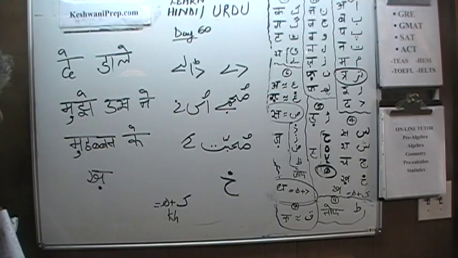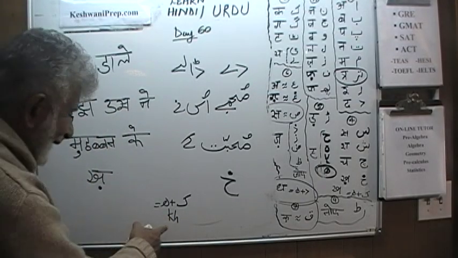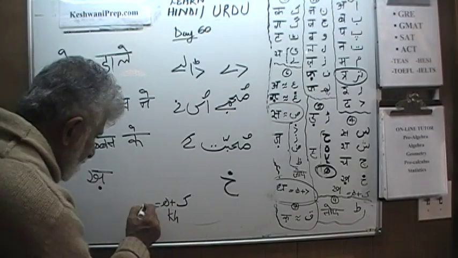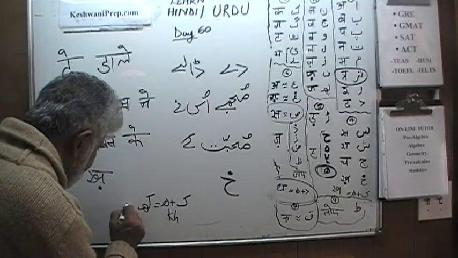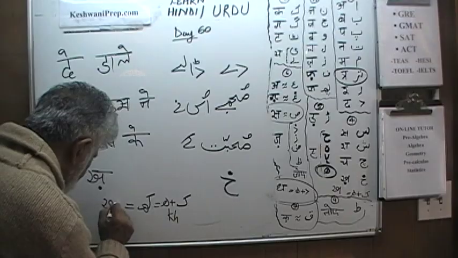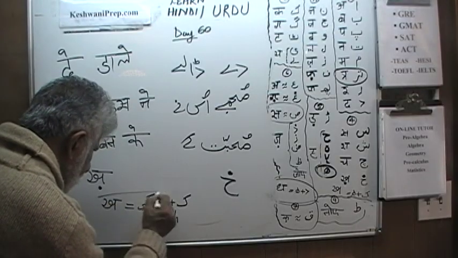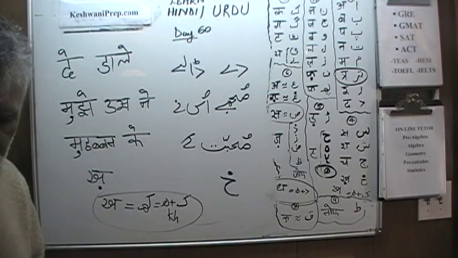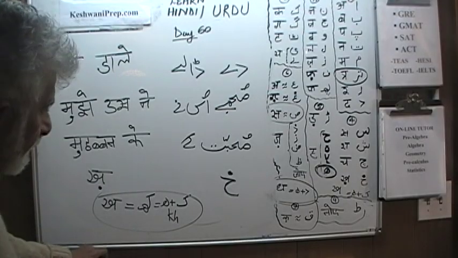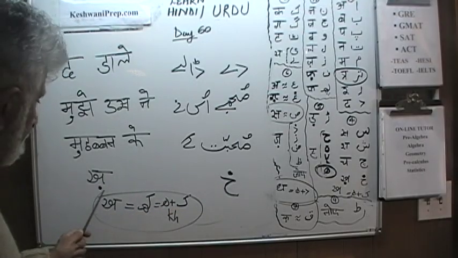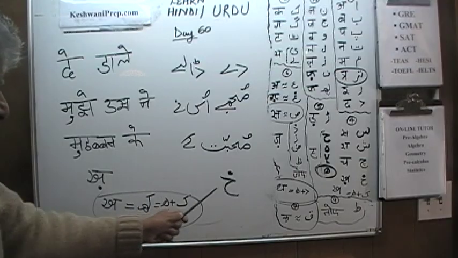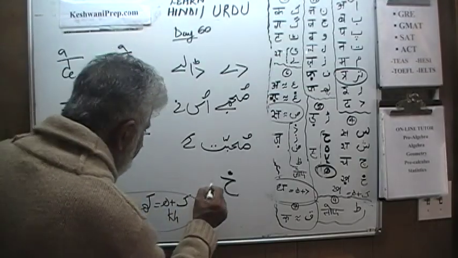We have two "kh"s in Urdu. We have a "kh," a combination of "k" and "h," which looks like this, which is the exact equivalent. But when the spelling requires this "k," we put a dot underneath to remind ourselves that we need this "kh." Then this is "za."